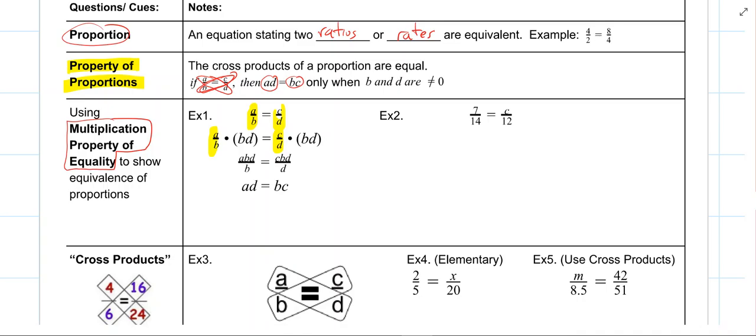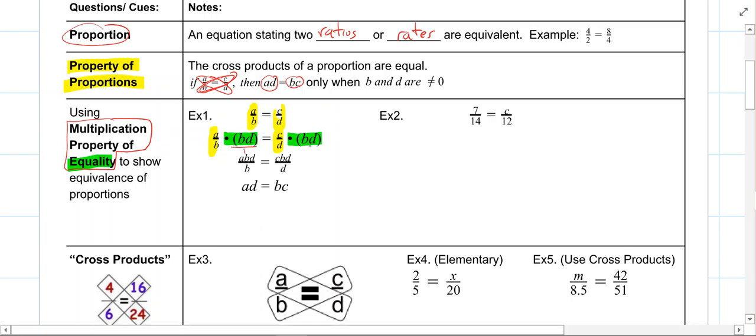That's called the multiplication property of equality. Notice I'm multiplying this side by BD. I'm also multiplying this by BD. I'm multiplying both sides by the same thing, equality. Okay, so now I come down here, and these will both be fractions.